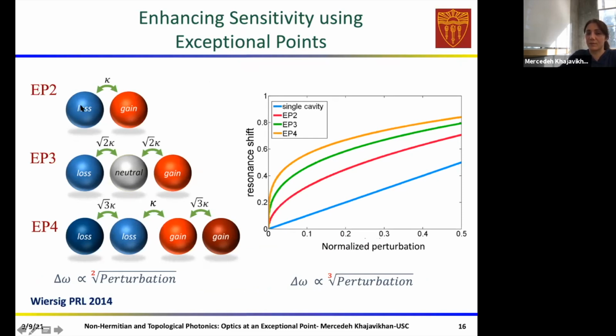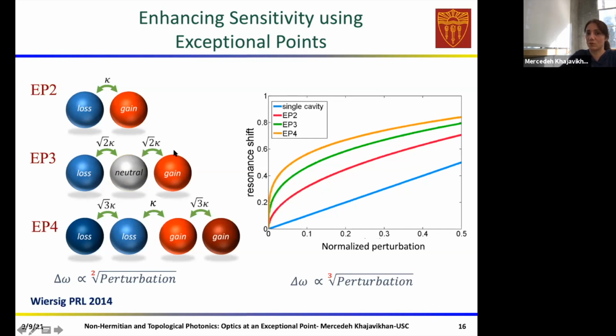Here, for example, as you have seen at the beginning of my talk, if we have two resonators, one subject to gain and the other one subject to loss, we can generate a second order exceptional point, or just the exceptional point, as we called it back then. And if you have three resonators and you pump them following this arrangement, meaning that one of them is lossy, the other one subject to gain, and the middle one remains neutral, you can get a third order exceptional point.